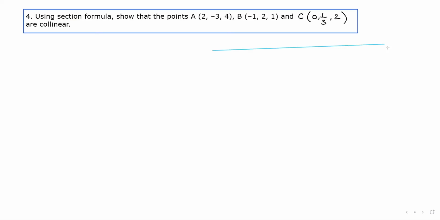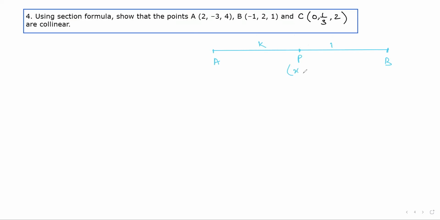So if we take a line segment, and here A, B, C, we are taking any 2 points, let's say A and B. Any 2 points can be considered. And let P be any point which divides it in the ratio m is to n. Or to simplify it, k is to 1, because m and n values are not given.